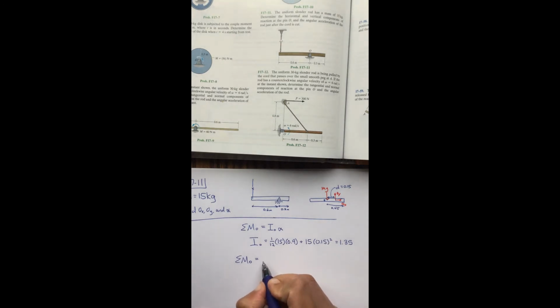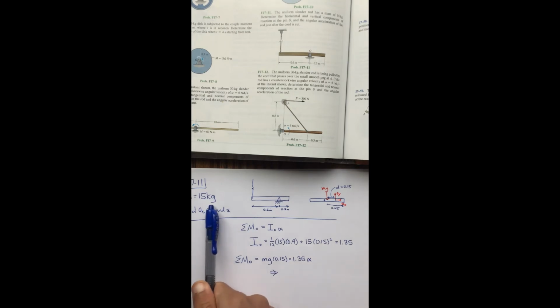So this is the mass times g times the distance of 0.15, equal to the 1.35, which I have for the moment of inertia, times the angular acceleration. Therefore, putting in the mass of 15 kilograms and 9.81 for g, I get an angular acceleration of 16.35 radians per second squared.